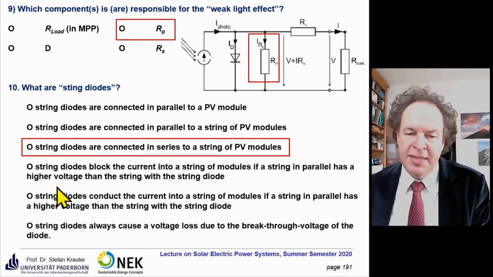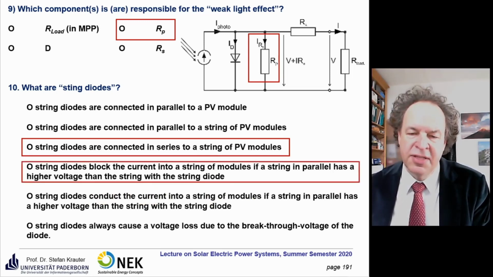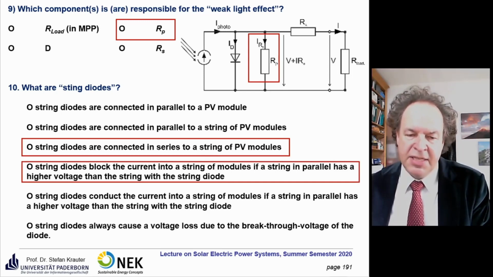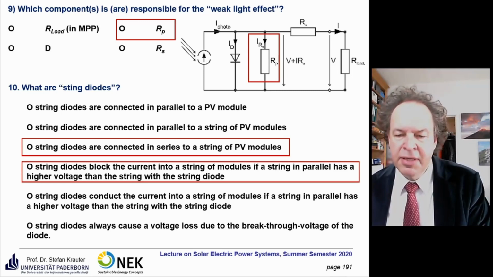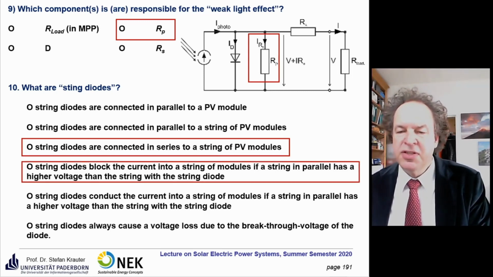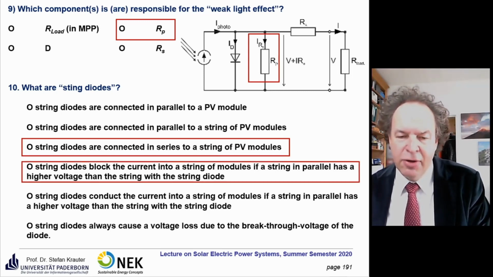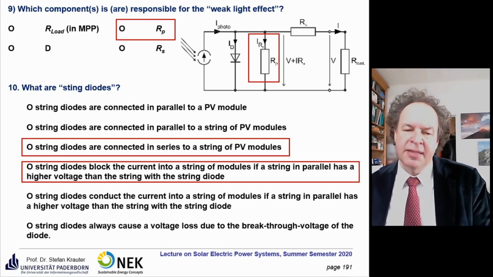Next three possible answers. The string diodes block the current into a string of modules if a string in parallel has a higher voltage than the string with the string diode. Is it true? Yes, that's true. You want to have this one. The next answer is the string diode conducts the current to a string of PV modules if a string in parallel has a higher voltage than the string with the string diode.